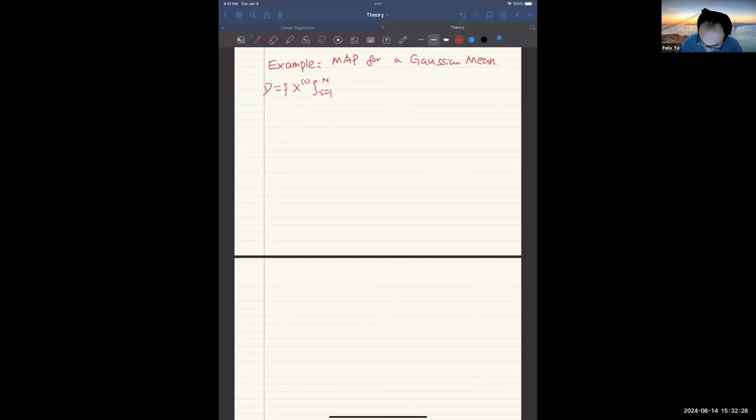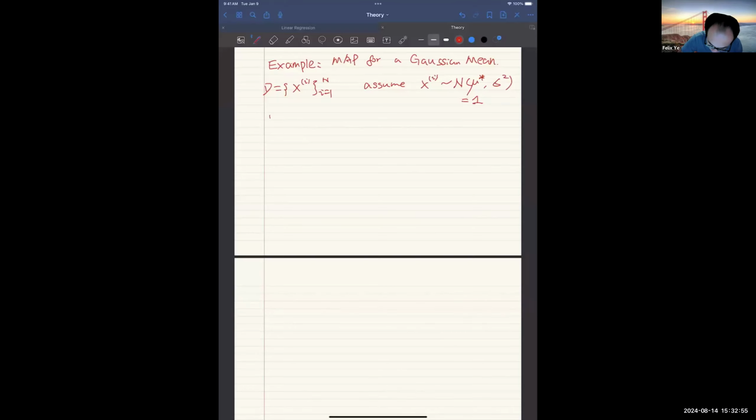We assume x_i is sampled from some Gaussian distribution with variance sigma squared. Here we know the ground truth. Say we know the ground truth mu star is equal to 1. But of course, when we do estimation, we don't know that.